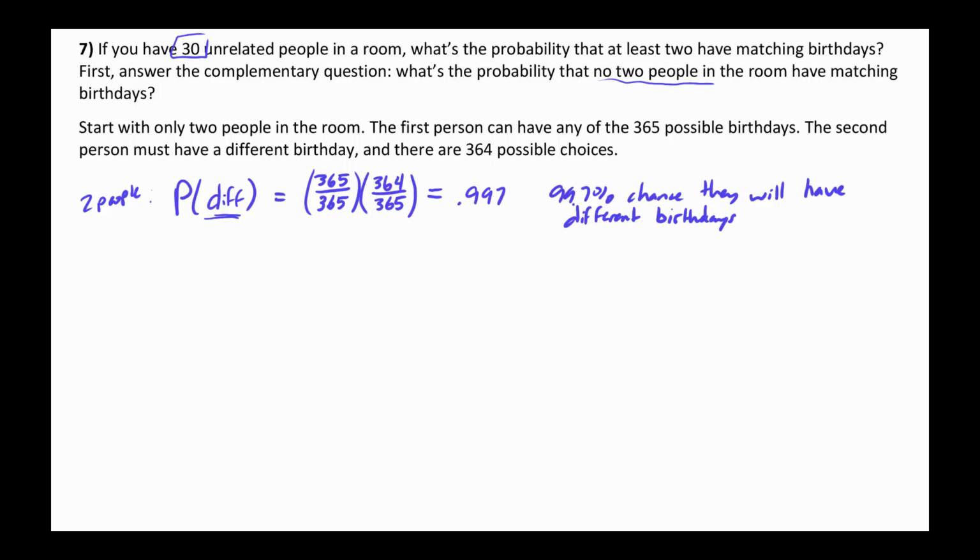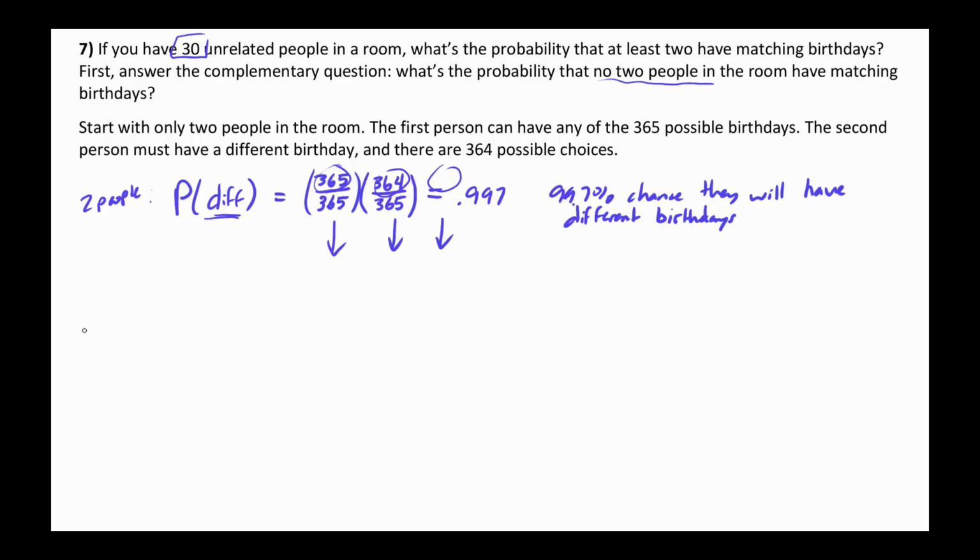So what if we started to scale this up? What if we went from 2 people to maybe 3 people? Well, doing that would have this same fraction, but then it would add a third fraction. As you can probably see, there's a pattern to those numbers. It goes 365, 364, 363 days that they are allowed to choose from.